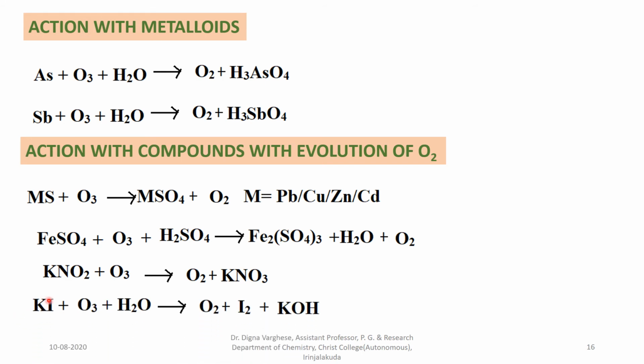Ozone oxidizes iodide, here I- to iodine. In this, the oxidation state of iodine is 0. So -1 to 0, an increase of oxidation state, therefore oxidation. Iodide is oxidized to iodine with the evolution of oxygen.